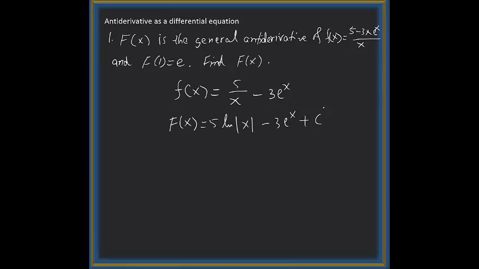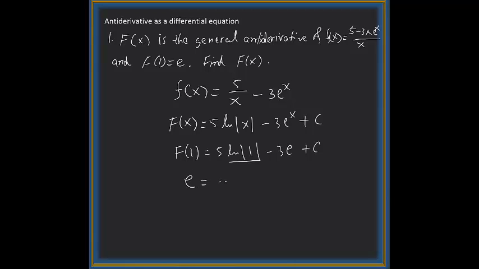Now let us use the conditions we have. We have one condition only, F of 1, which is 5 natural log of 1 minus 3 e to the 1, or just e, plus c. Now you know natural log of 1 is 0, so that term drops. F of 1 is given as e.